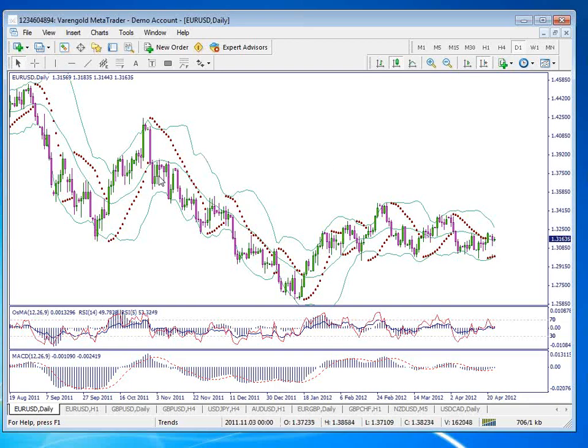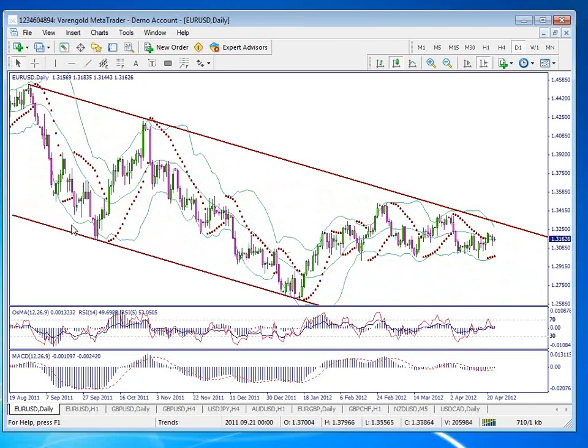Okay, now let's see what the technical setup is on the charts. On euro dollar, probably you are familiar with this setup. On the daily chart, we have a downtrend, and we have several waves.